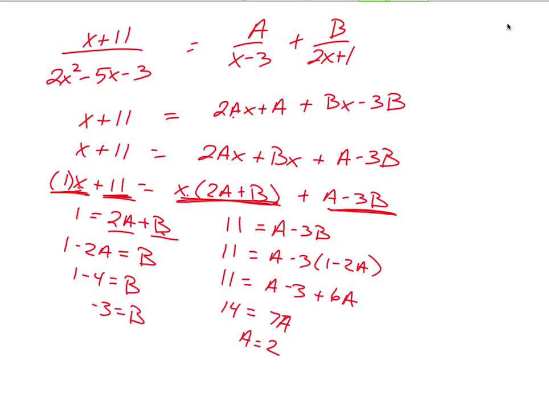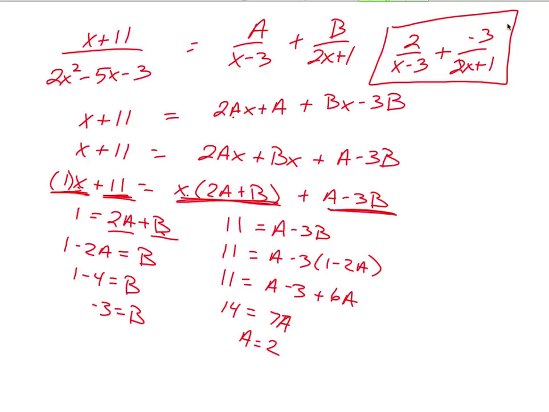So b has to be negative 3. So we stick a and b back into our fractions, and that's our final answer. So I have 2 over x minus 3 plus negative 3 over 2x plus 1. That is the answer we're looking for.